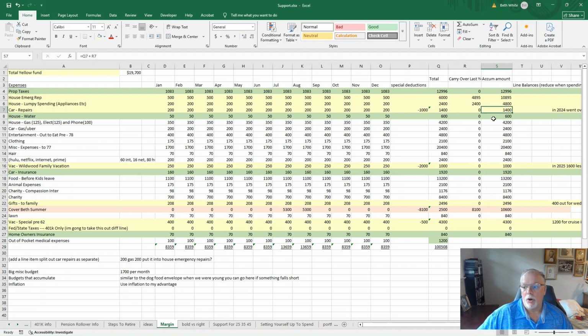Okay, so how does this build margin into my account? And this is where the beauty of the whole thing starts. So not only does this make it easy for me to spend, so when a house emergency comes up, it's not an emergency. I just go here and use that money. But what I'm going to do is next year, when January hits, January 2026, I'm going to go into this account and say, listen, I don't need to put any more in. I think having $11,000 as an emergency fund for my house is enough.